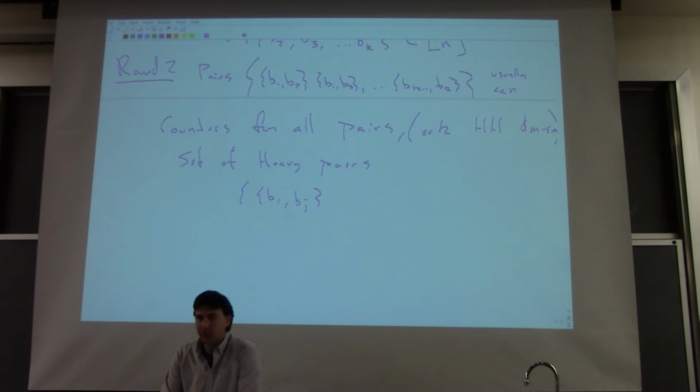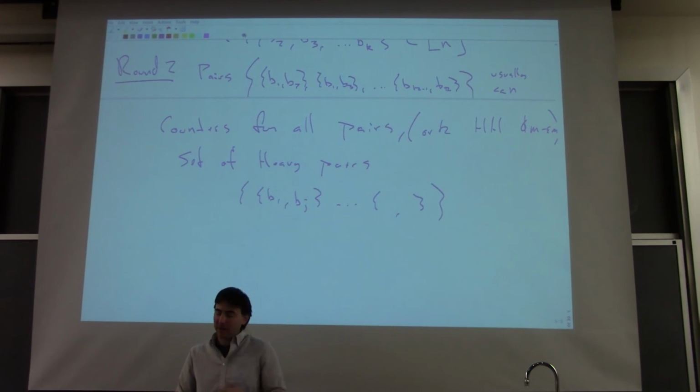B1, B2 may not have been big, but B1, B7 is going to be big. Now this set of pairs is going to be much smaller. In the third round, I'm going to consider only triples, where every triple has each of its individual pairs in the set from round 2.